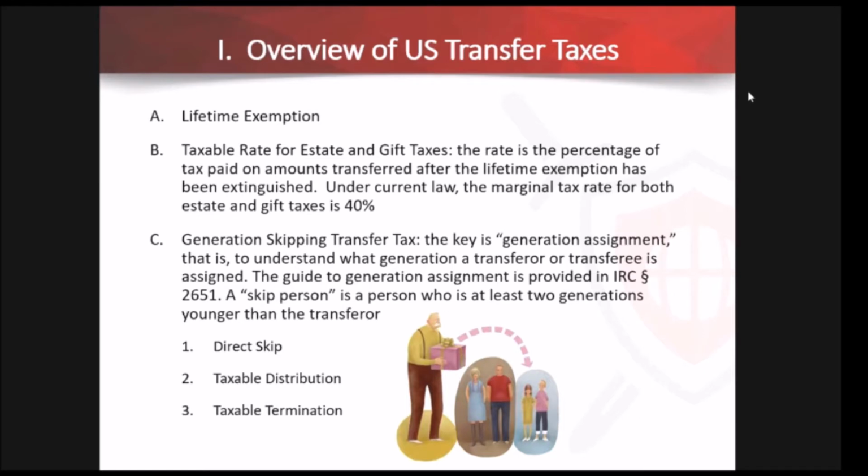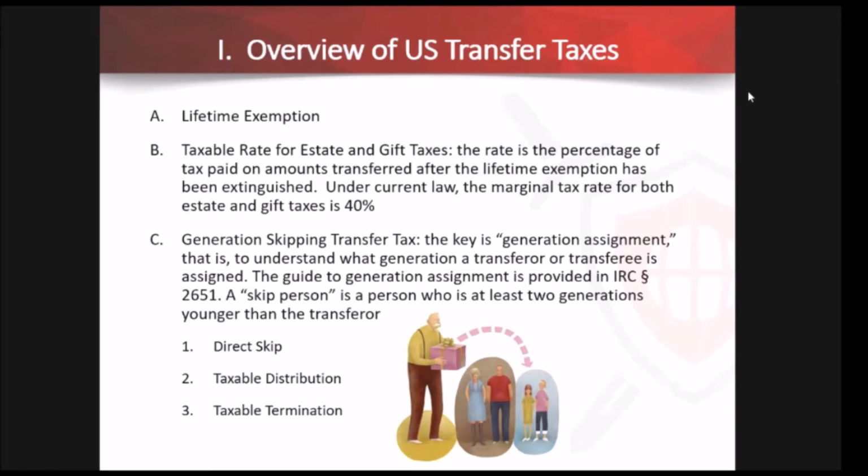One other thing you need to be aware of is the GST tax. This is a very unique tax that was implemented in 1984. The super wealthy were making gifts to their grandkids and even further down the line. And the rich were upset with that because they were being hit with the estate tax at every level. They didn't have the ability to give longer gifts out.